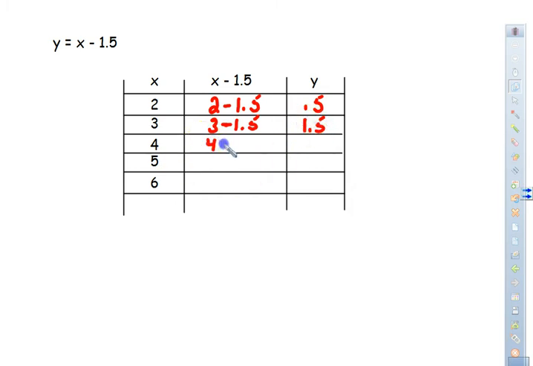And then 4 minus 1 and 5/10, which gives us 2 and 5/10. Okay, and then we go to 5 minus 1 and 5/10, which then is going to leave us 3 and 5/10. And then 6 minus 1 and 5/10, subtract that and you get 4 and 5/10.